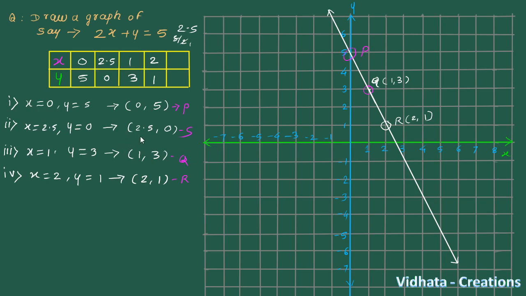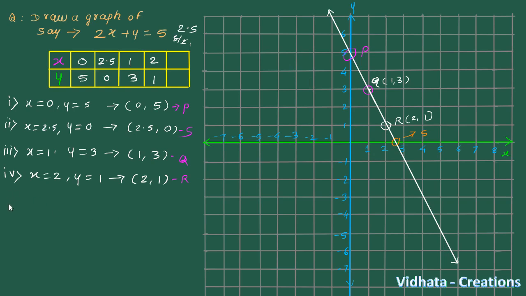Similarly, let us see about the point S. Its coordinates are 2.5 and 0. X coordinate is 2.5, it is over here. You got it? And its y coordinate is 0. So in this way, point S also lies on the given line.